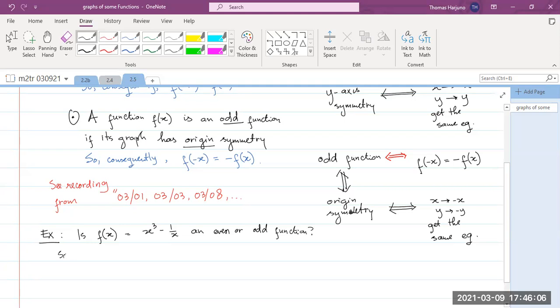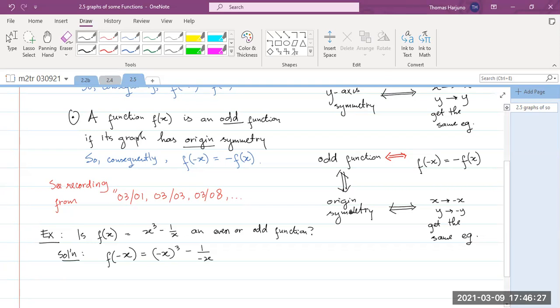So solution: how do we check if a function is even or odd? What you will do first is you replace x by negative x. So this is negative x being cubed minus 1 over negative x.